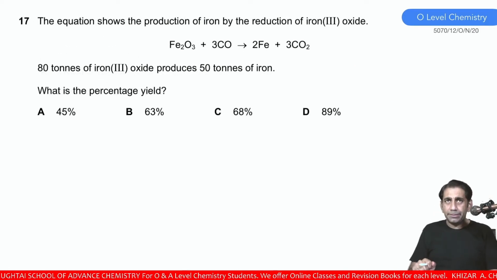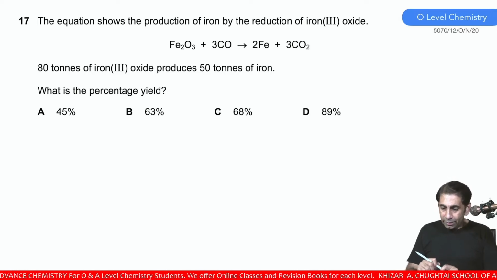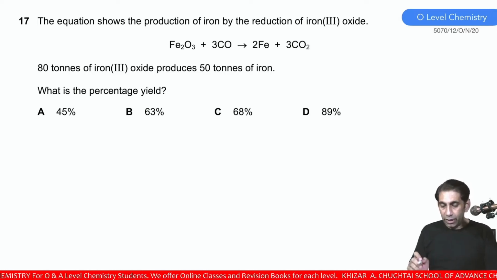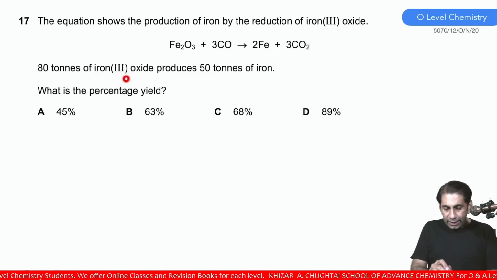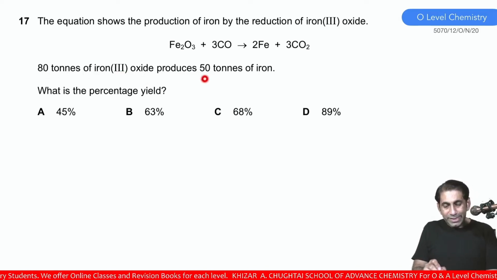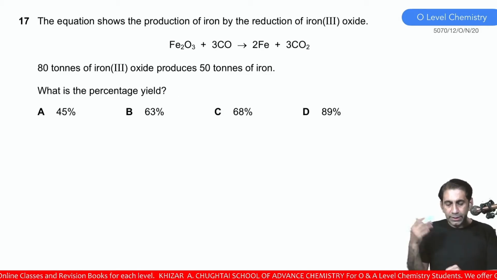Question number 17. The equation shows the production of iron by reduction of iron(III) oxide. Here is the equation. 80 tons of iron(III) oxide produces 50 tons of iron. What is the percentage yield?